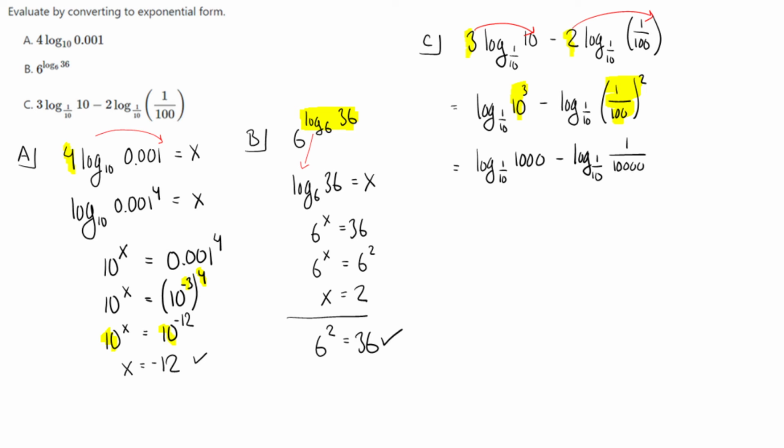Now, whenever we subtract logs, assuming they have the same base, we can use the quotient law, which means that these two logs can be converted to a single log with the same base, where the arguments become a quotient. So it's going to become log with a base of 1 over 10 of 1000 over 1 over 10,000.